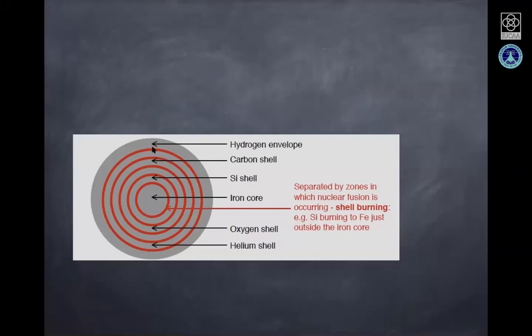All these elements which have been fused by the star during its lifetime, and the nuclei which are fused during the supernova beyond iron, are going to be ejected in a huge explosion. The speed of the ejecta is of the order of 10,000 kilometers per second. 10,000 kilometers per second, by the way.